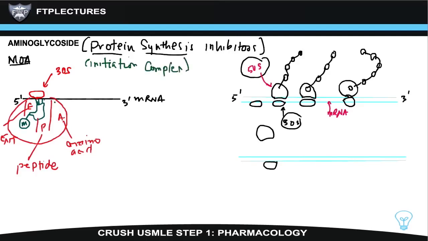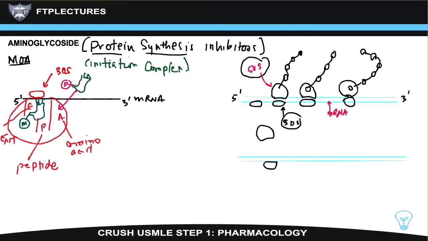Once this initiation complex is formed, another tRNA can come over, okay? Another tRNA can come over with its codons, carrying another different kind of amino acid. Let's call it a proline, to come and bind to this site at the A site.